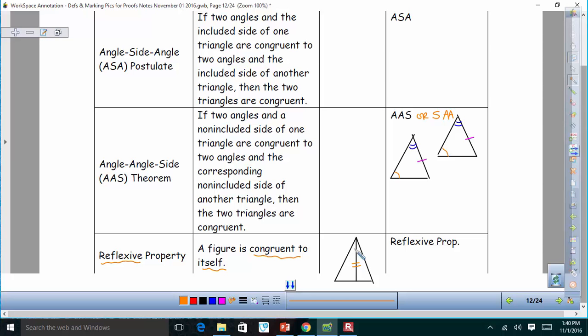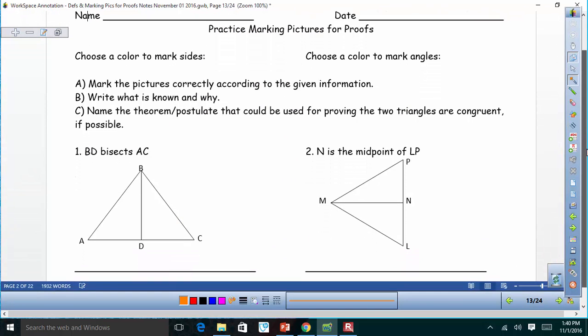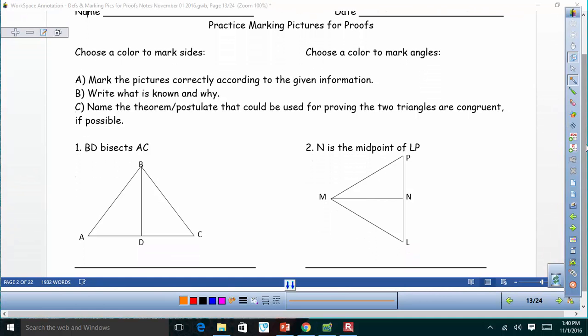All right, let's look at marking pictures for proofs now. So keep that definition sheet out because we're going to be using it as we mark pictures. So looking at number 1, we have that BD bisects AC. So that means BD is cutting AC in what? In half.